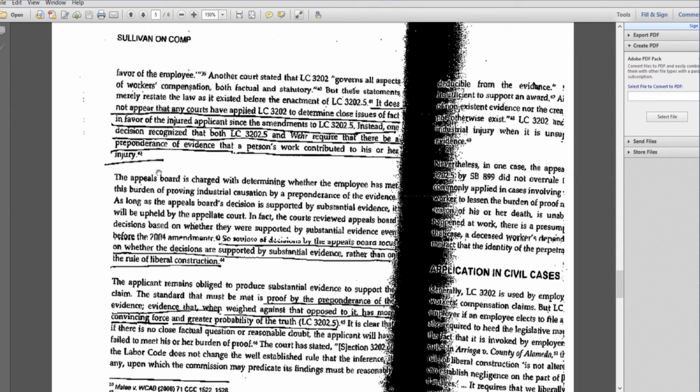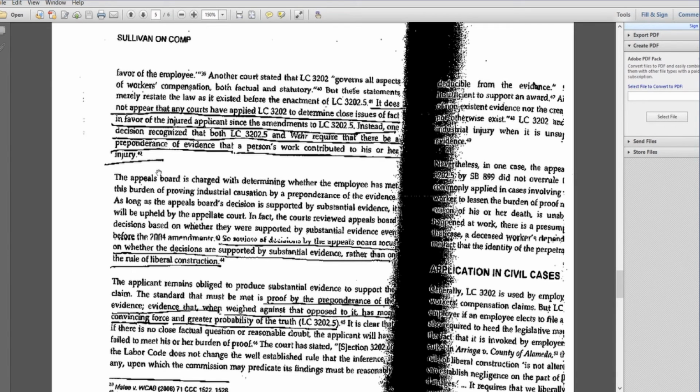So you may have heard the liberal construction code inappropriately applied, that in all cases decisions are rendered in favor of the injured worker when there is factual evidence to the contrary. That's not the philosophy of Labor Code 3202. So for our purposes as the qualified medical evaluator, we're seeing injured workers presenting to us who have already had their industrial injuries accepted, at least for the most part.